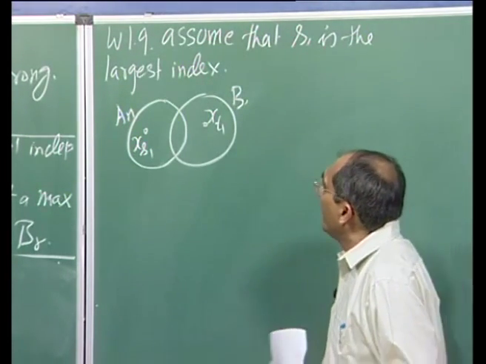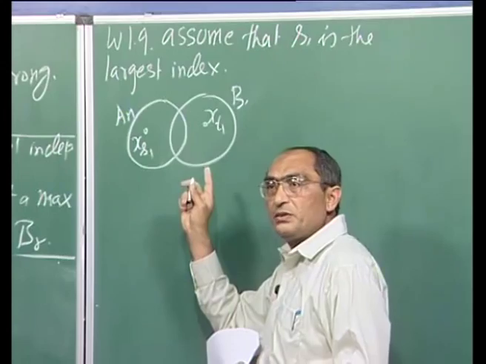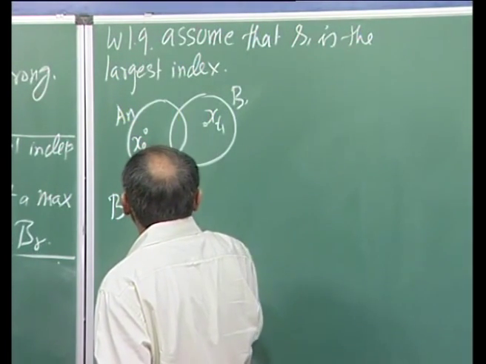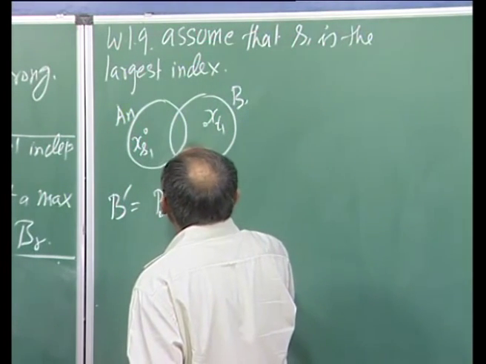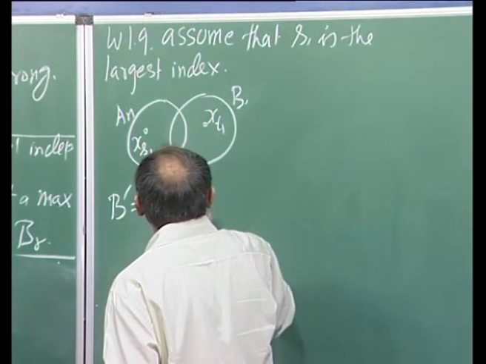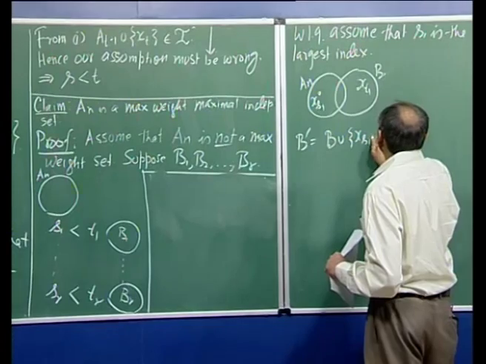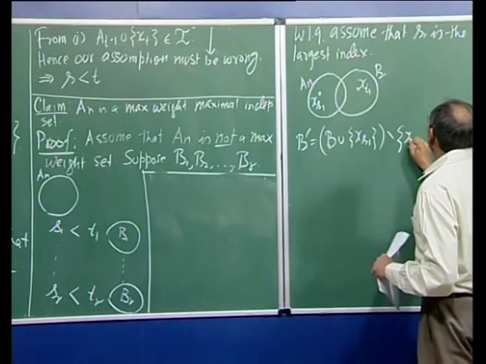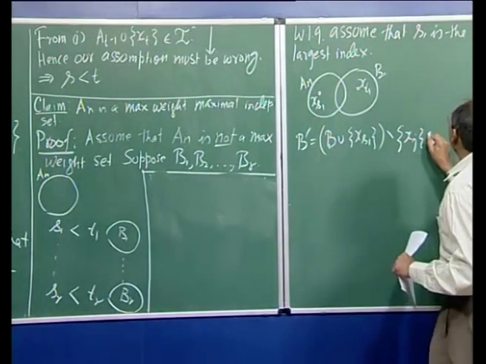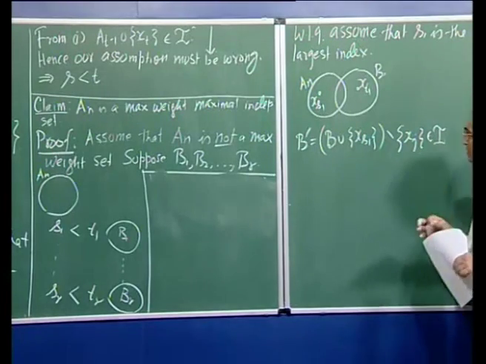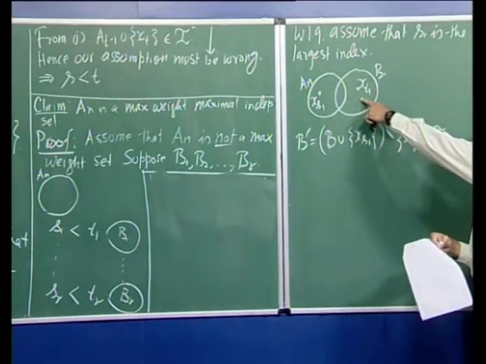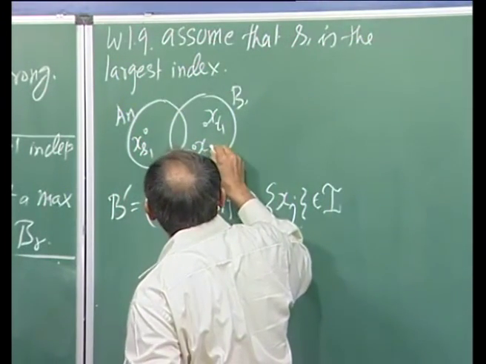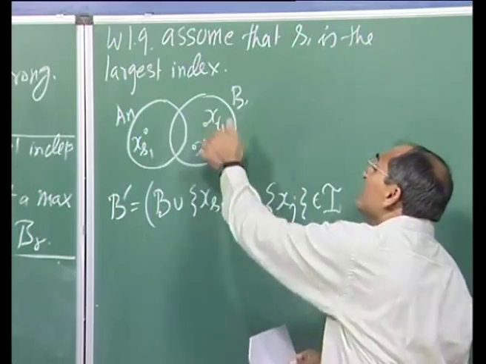Okay. So, from condition 2 of the matroids, B prime, which is B union x S1 minus some element xj, also belongs to I, where xj is some element in this region. So, it could be x t1 or it could be any other element in this part.